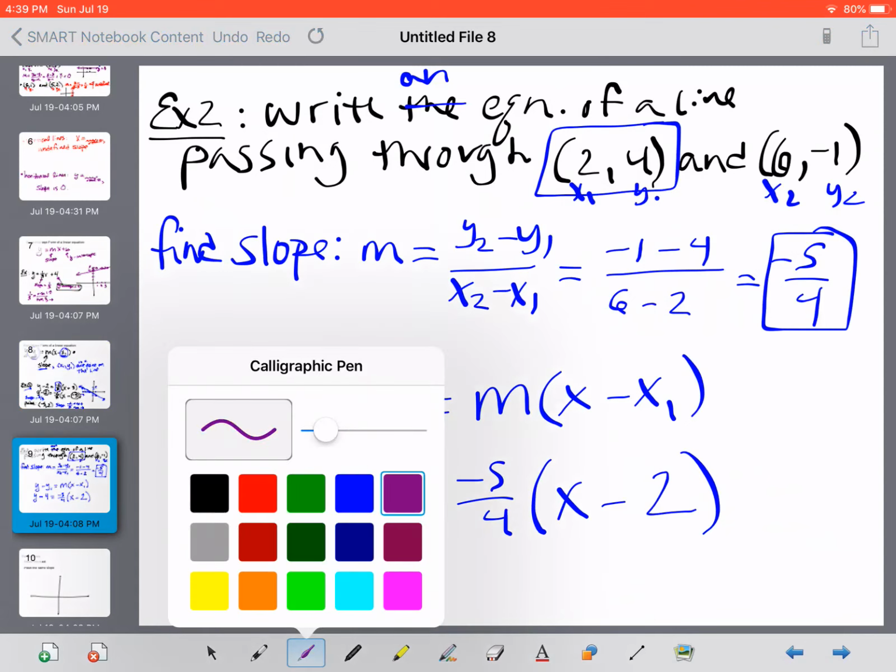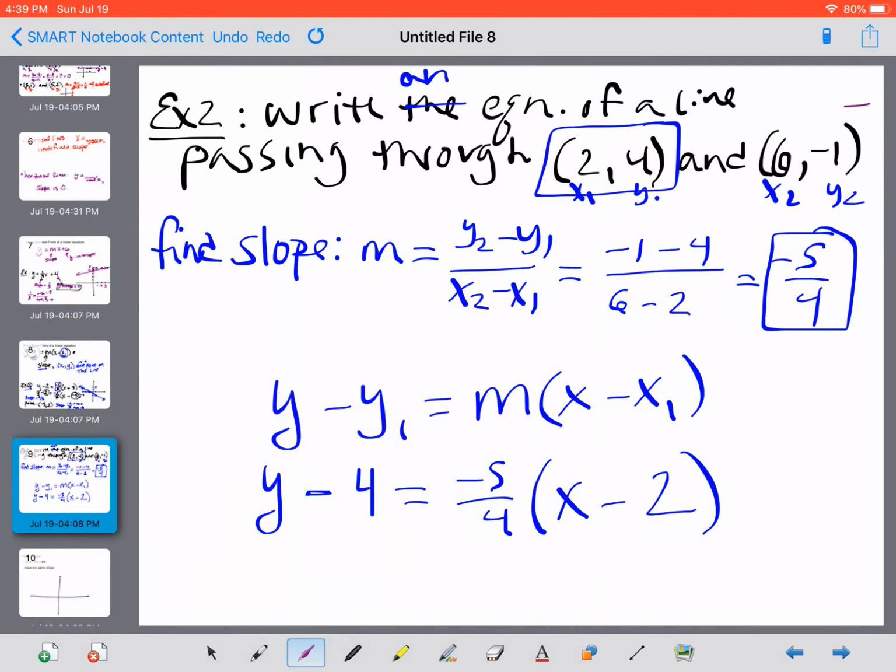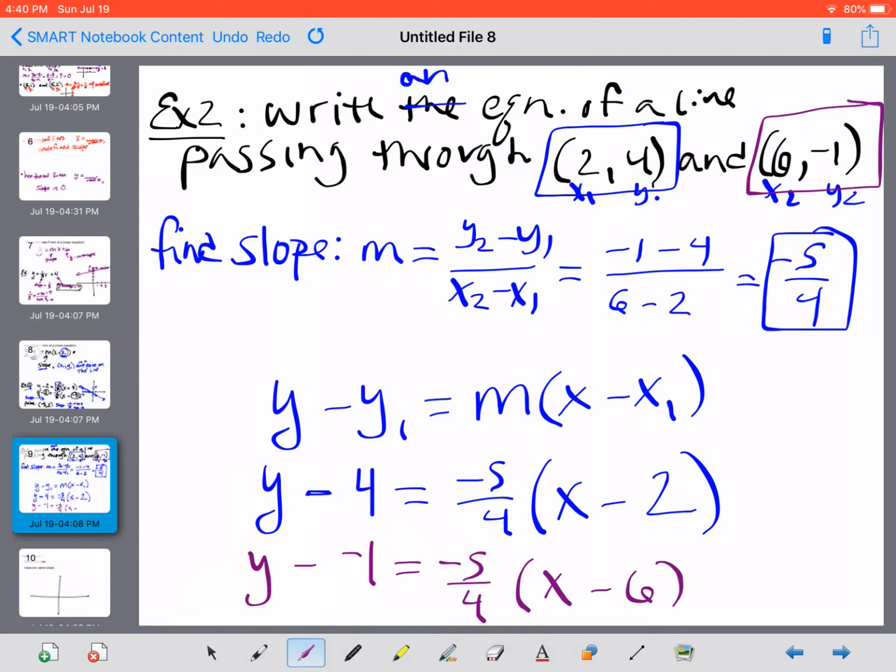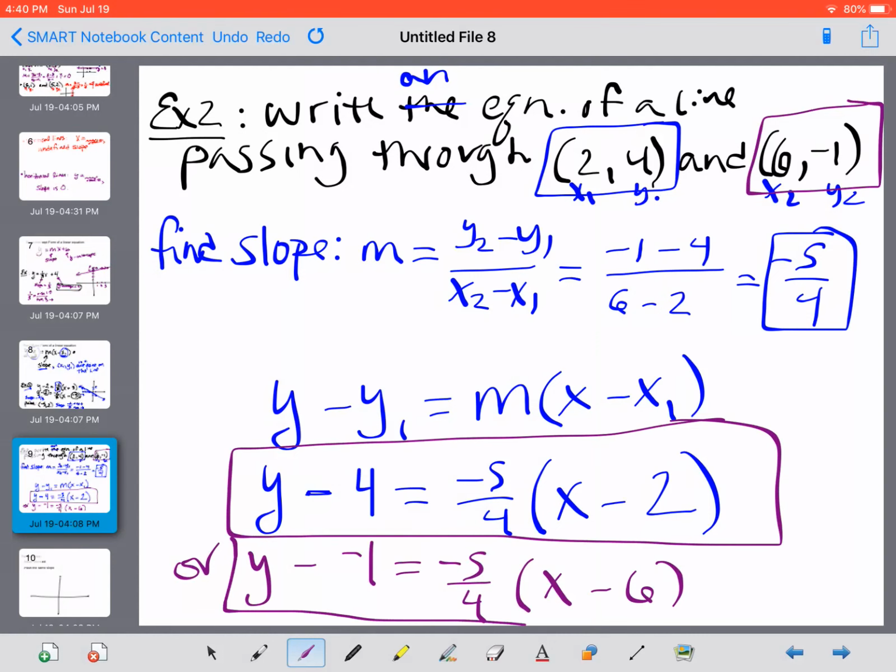I also could have written the same equation using my other point that I knew was on the line, 6, negative 1. That would look like y minus negative 1 equals negative 5/4 times x minus 6. This is an equally correct equation of this line. Either one of these works. And there's infinitely many more because you can take any point on the line and plug it in. As long as that point's on the line, it will give you a correct equation.